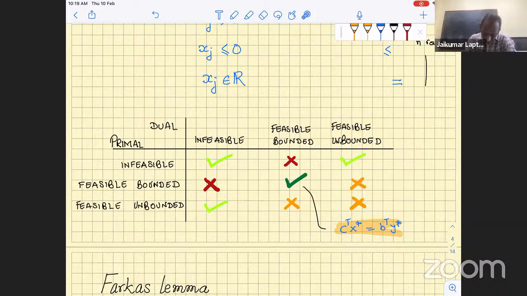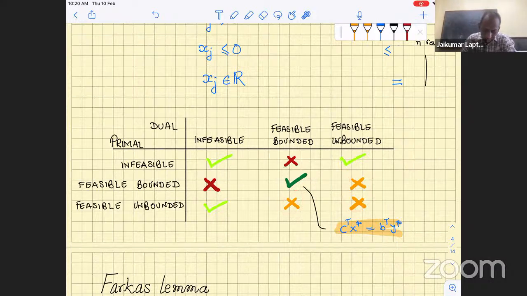Now we are left with the rest. Again, if it is infeasible, similarly, this cannot be feasible. Some of these things are ruled out by weak duality itself.